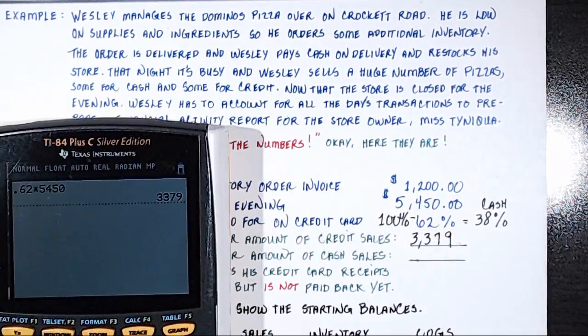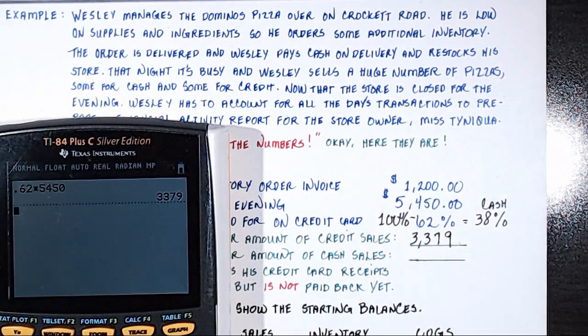So now figure out the dollar amount of cash sales. Well, you could do that one of two ways. You could either take the total number of sales minus the amount paid for on credit, and that would give you 2,071, or you could take the total number of sales and multiply it by the percent paid for in cash, which was 0.38.